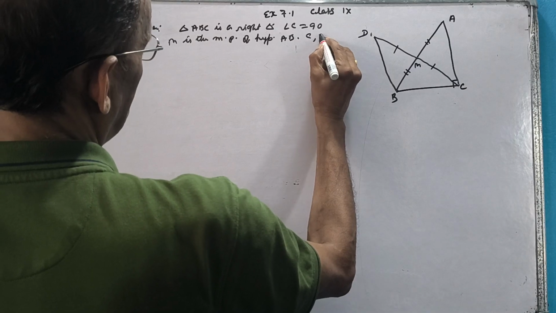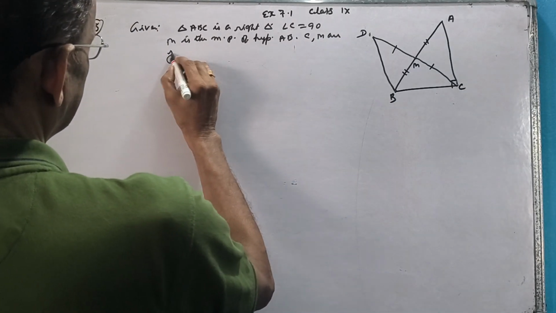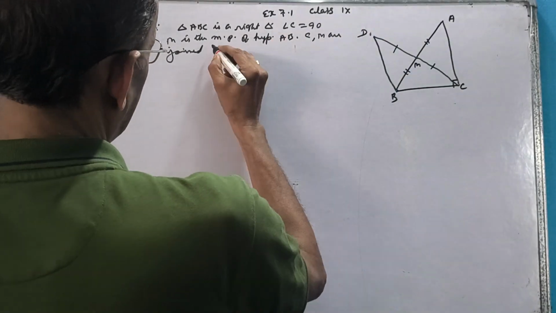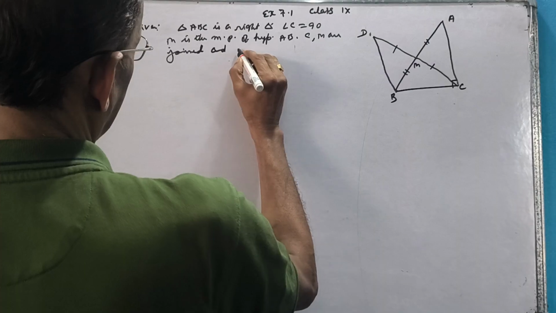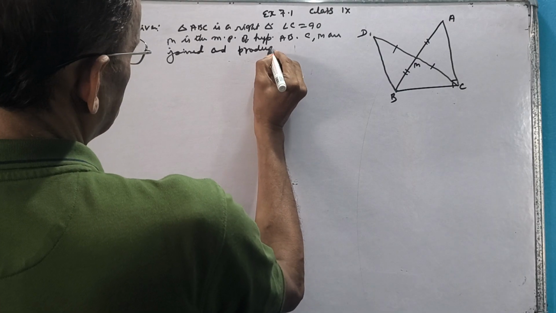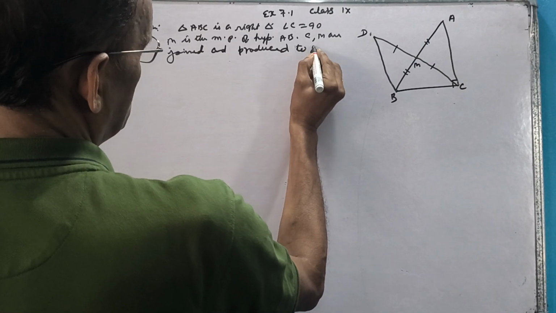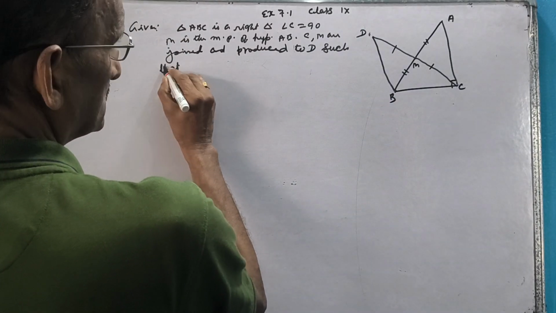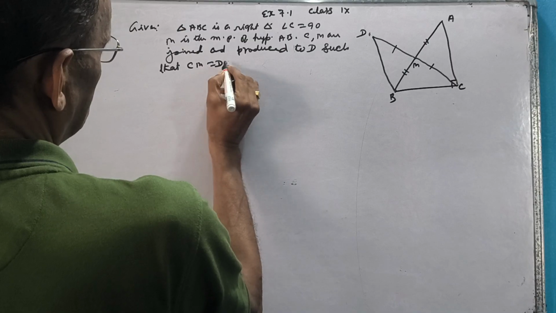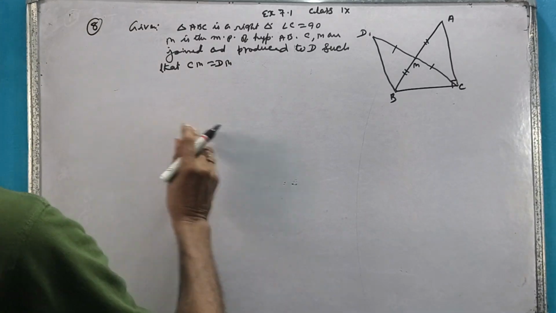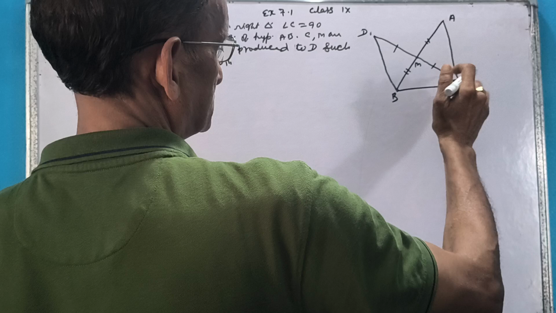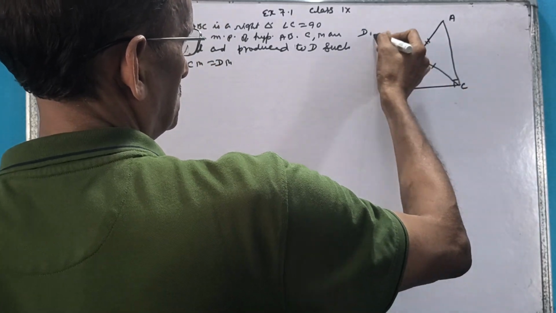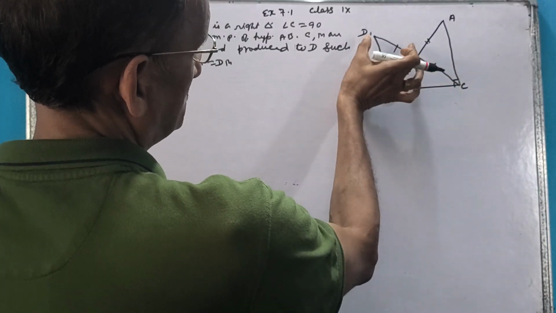C and M are joined and produced to D such that CM equals DM. This is given. ABC is a right triangle, angle C 90 degrees, M is the midpoint of hypotenuse, C and M are joined and produced to D such that CM equals DM.